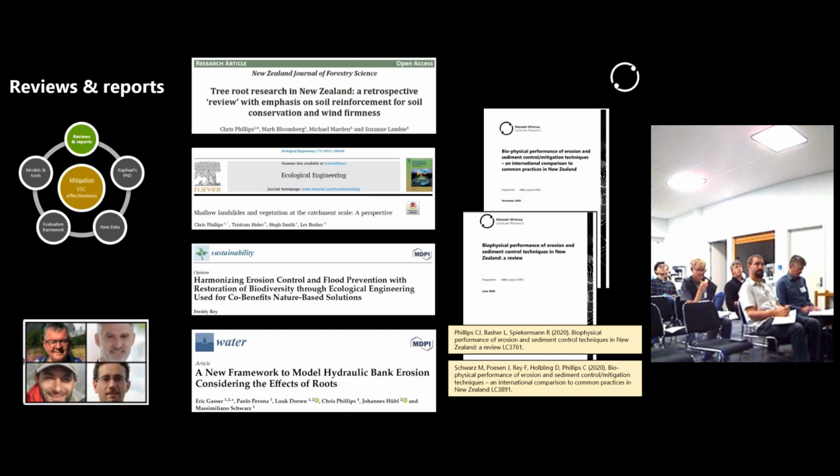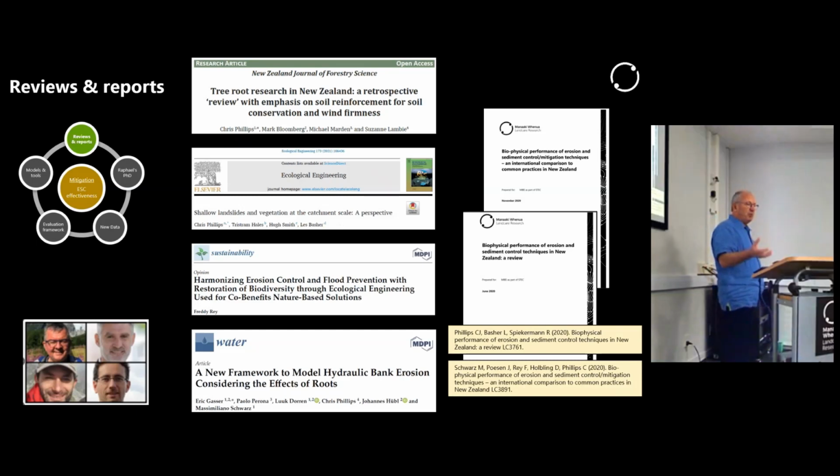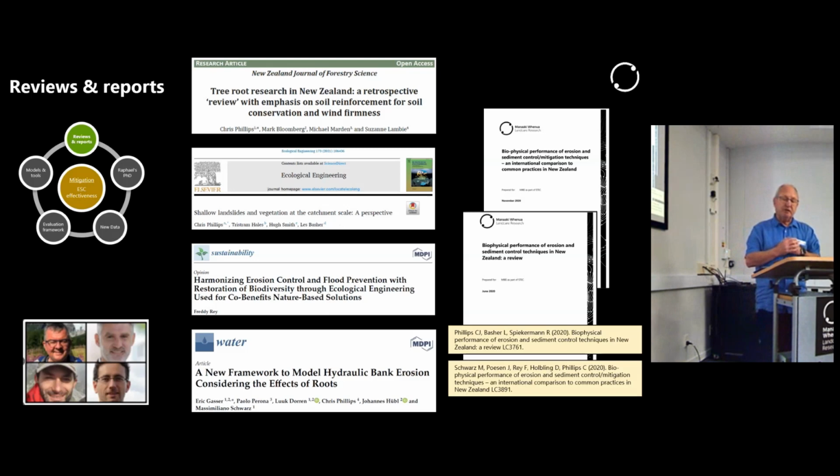So one of the things we do as scientists when we begin new projects is to take stock of what is known about the subject that we're interested in. Now, usually this involves us doing literature reviews and producing summary or state-of-the-art publications and reports. So early on in the program, we undertook a significant review of what we know about ESC effectiveness and performance in New Zealand.